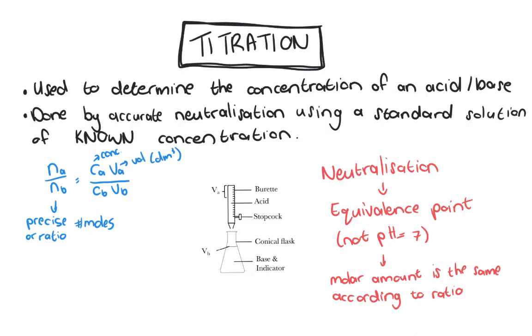And then you add your solution which is in the burette. You drip it slowly into the flask and you swirl it continuously, otherwise you won't necessarily know the precise equivalence point. And when the color of your solution changes, you have reached equivalence, and then you stop immediately.